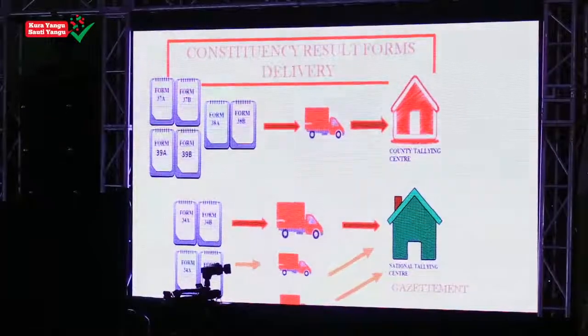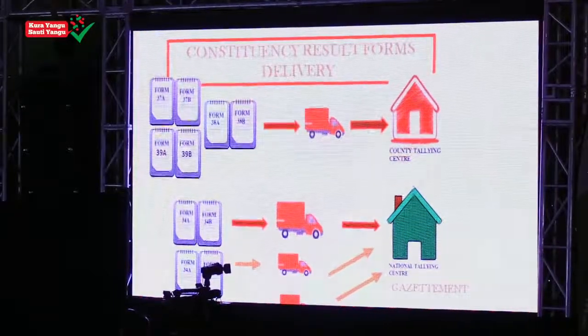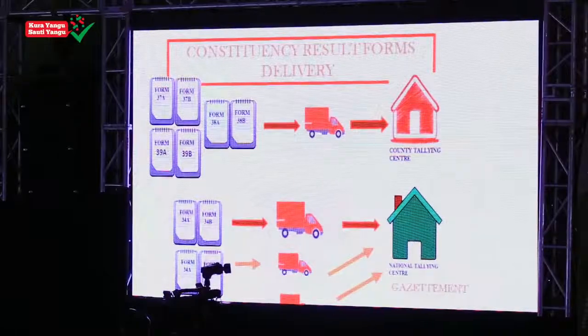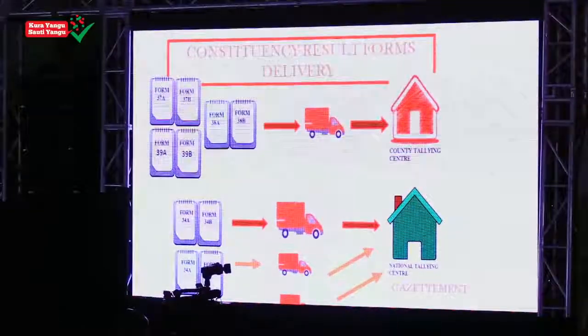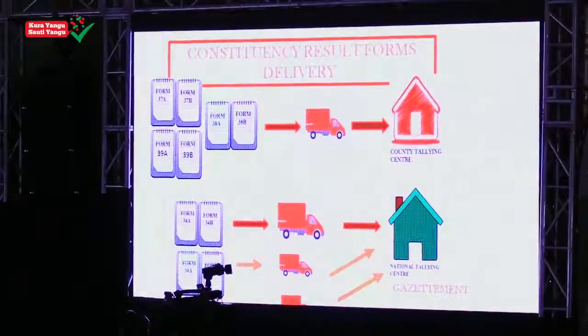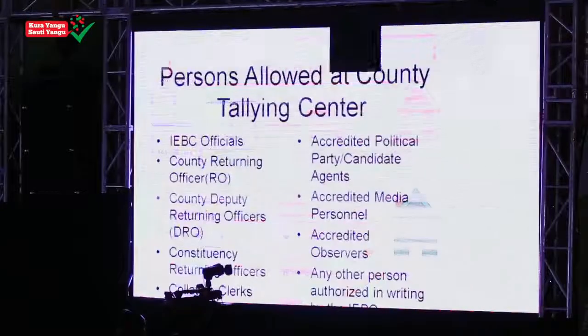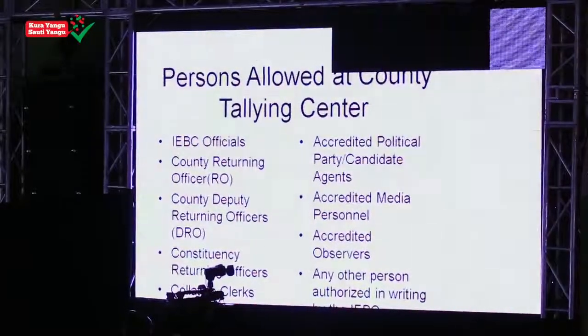After that, the forms 37A and 38A and 39A move to the county tallying center, and then 34A and B move to the National Tallying Center and for gazettement and archiving.